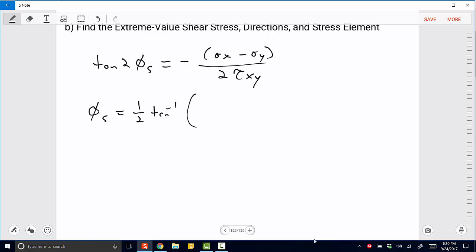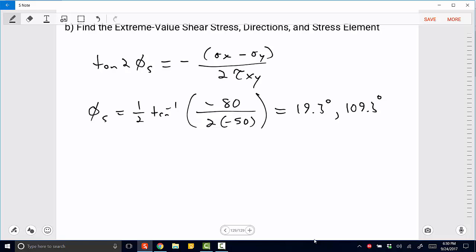And let's go ahead and plug our numbers in here. So negative 80 megapascal divided by 2 times negative 50 megapascal, right? When we plug this into our calculator, we'll find 19.3 degrees and 109.3 degrees.